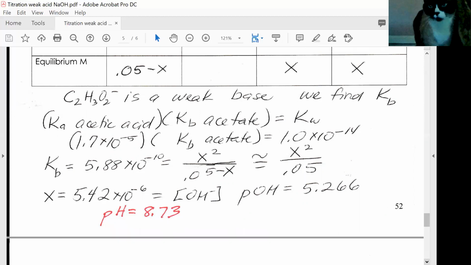And remember to use your ice table as your directions. This is our concentration of hydroxide. So from that, we'll get a pOH, 5.266. If we get a pOH, we can solve for pH because pOH plus pH equals 14. So we get a pH of 8.73.